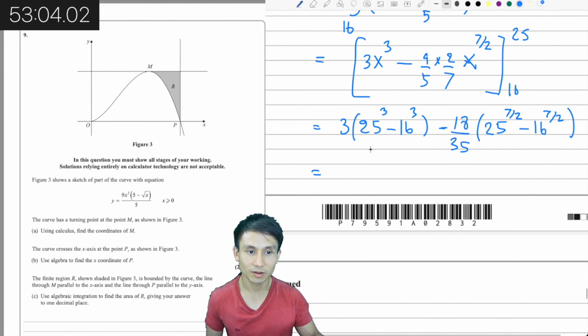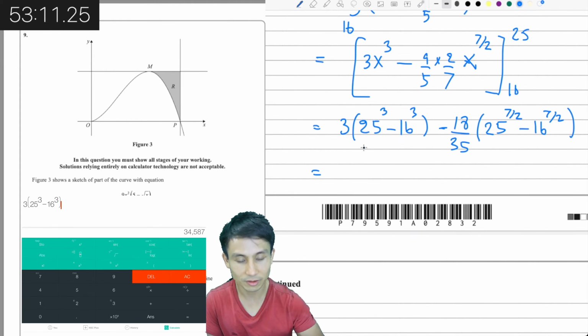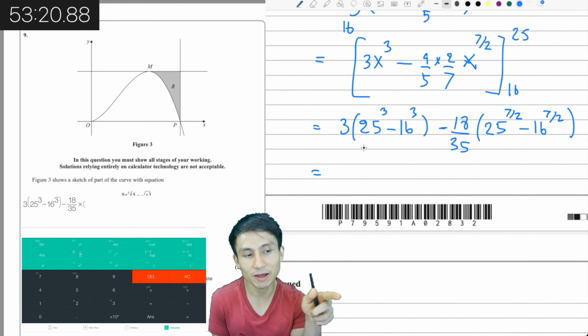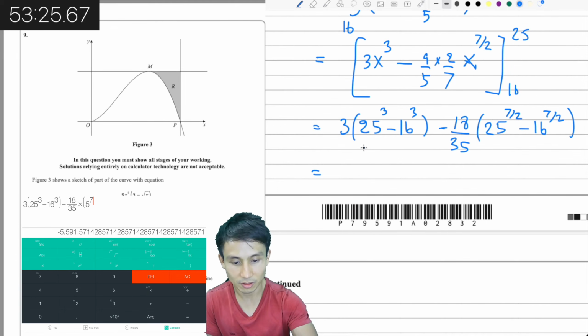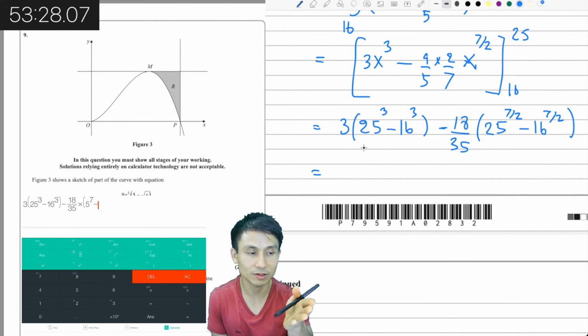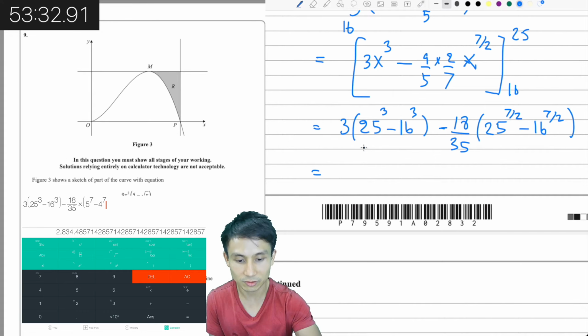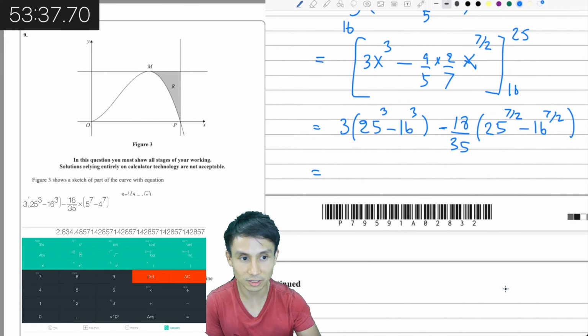So 3 times 25 cubed minus 16 cubed, minus 18 over 35 multiplied by 25 square root, we get 5 first and then 5 to the 7, and then minus 16, we square root first, we get 4 to the 7. That's just the way I would use a calculator with my brain. The number is too crazy here.